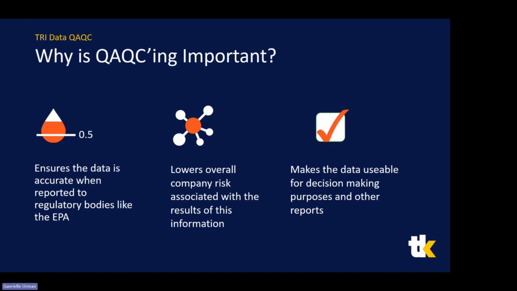I think TRI data can be used for a lot of planning purposes, sustainability efforts, and pollution prevention efforts. So making sure that your TRI data is accurate makes it usable for business planning purposes, but it also makes it so that you can use it for other reports. There's a lot of overlap between TRI, air release reporting, and Tier 2 reporting.